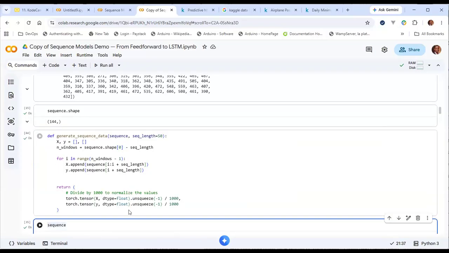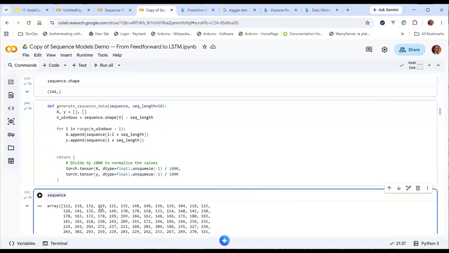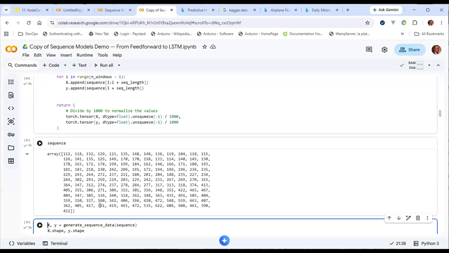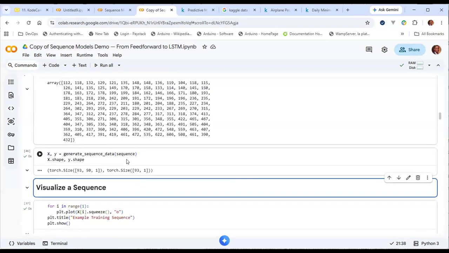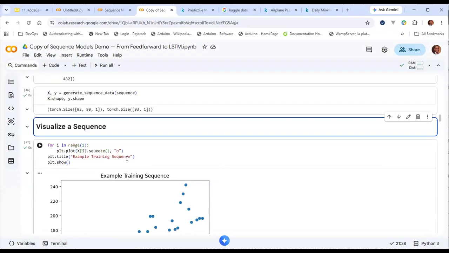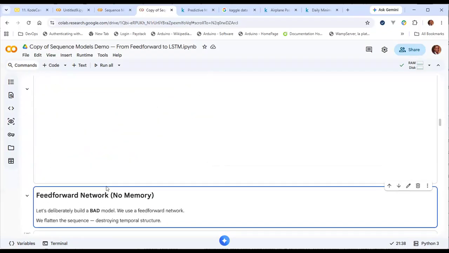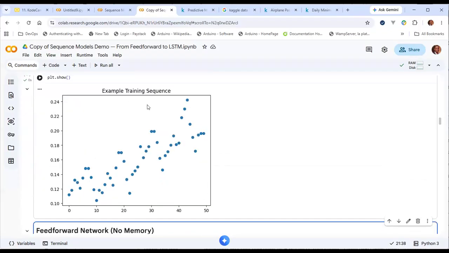It's just a naive normalization. All right. So now when we plot our visualization, this will be in the range of 0 to 1. It's actually really small, 0.4. So that's okay.